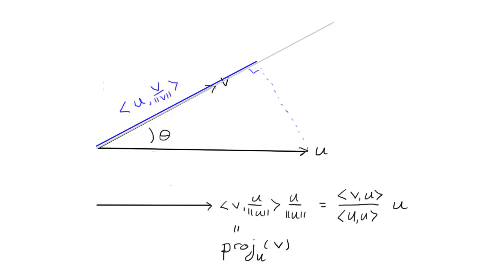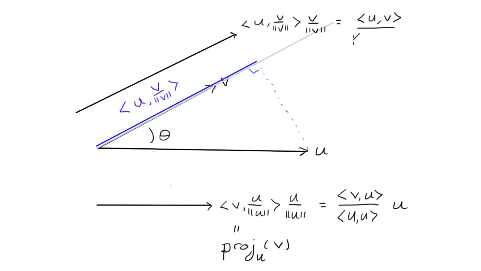So to get the vector with that length, I scale the unit vector. Using linearity, that's the projection of u onto v.